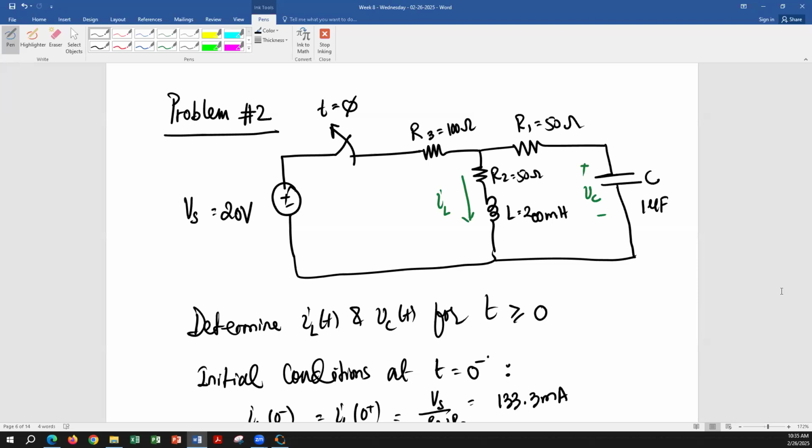And how are we going to find that voltage? Okay, say it again. So that voltage is going to be, give me the equation.